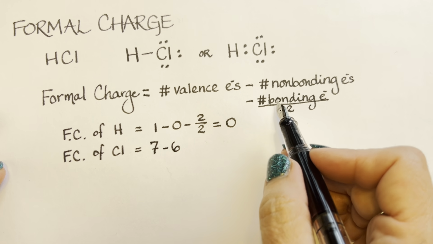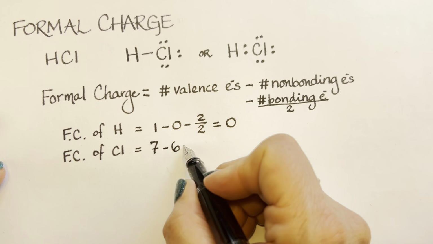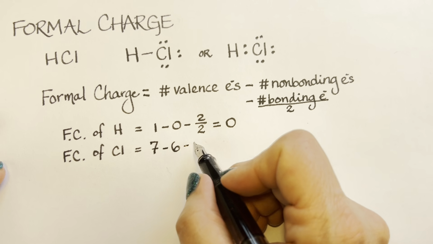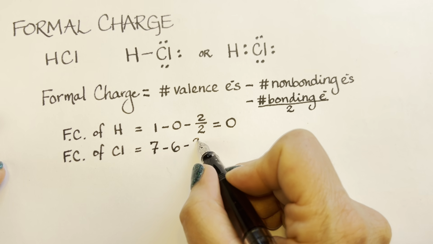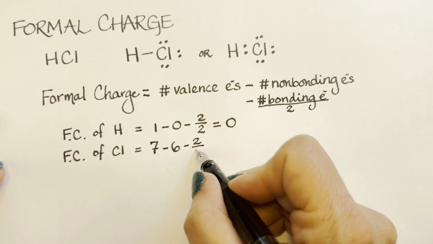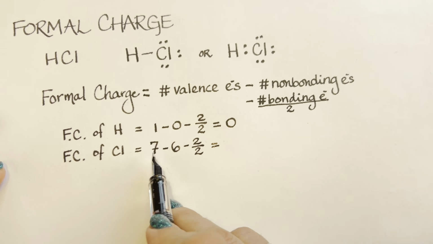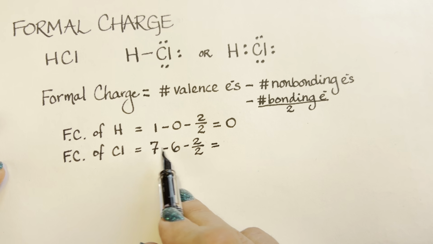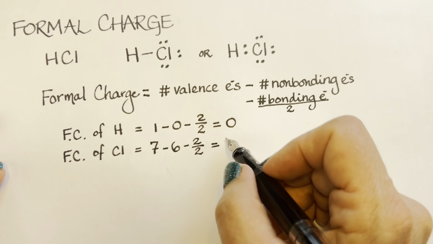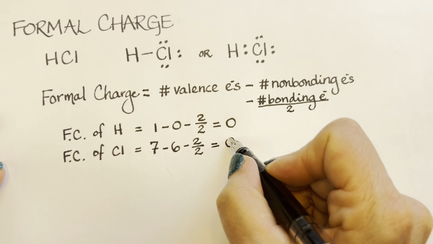And then we will subtract out the number of bonding electrons. We just saw this in hydrogen. There were 2 of them, and we divide that by 2. So we see that we have 7 minus 6 minus 1 is also 0.